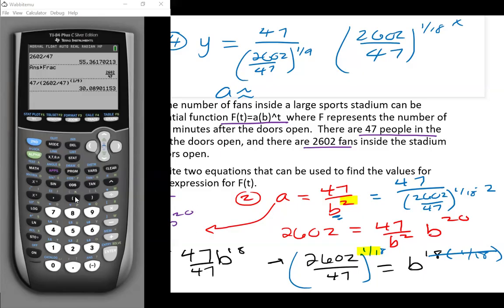So we're just doing the 2,602 divided by 47, and we're doing it to the 1/18, 1 divided by 18. So that's our approximate B value. Amazing.